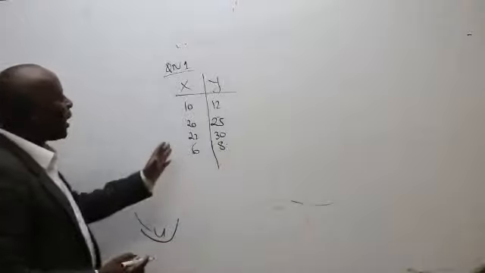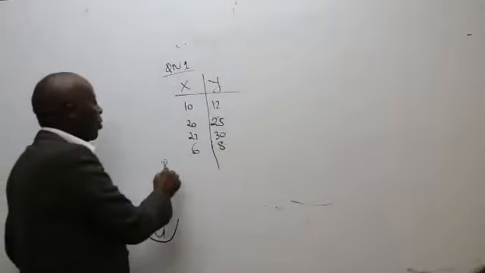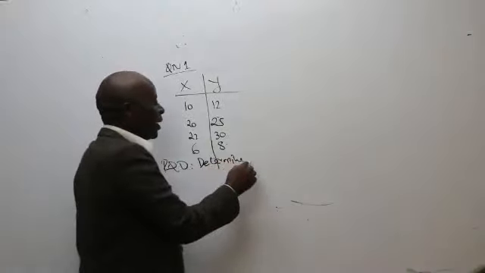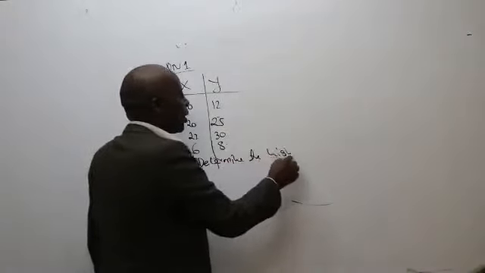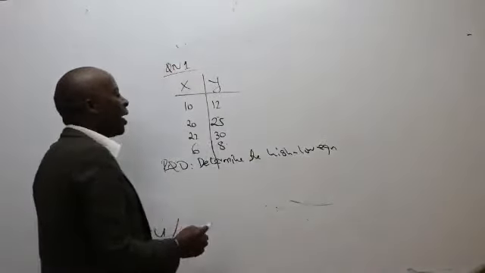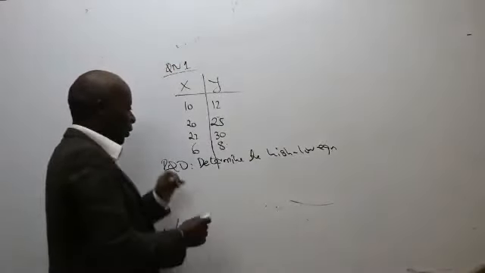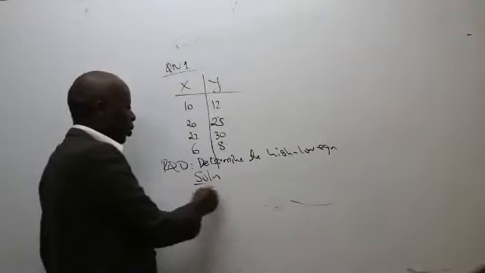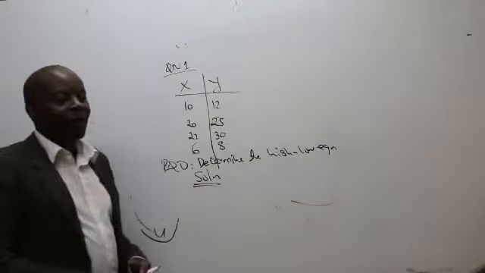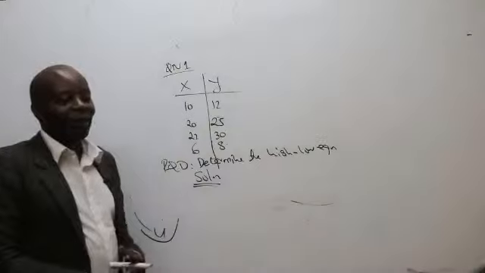If you're given this kind of a question, and we are required to determine the high-low equation, what shall we do for us to be able to get the high-low equation, the solution?